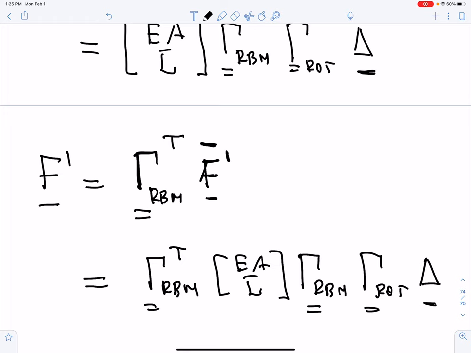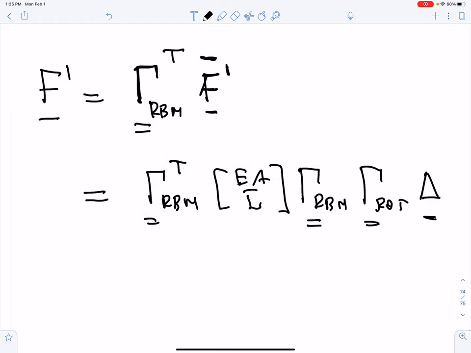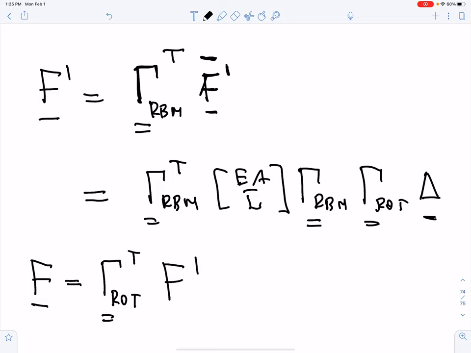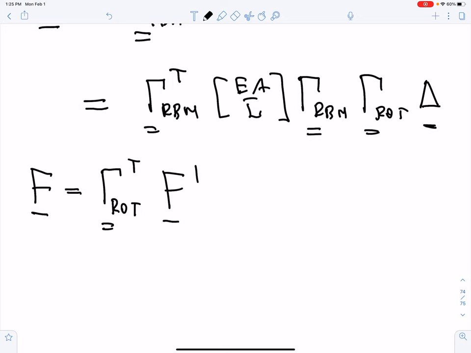Very interesting. Then finally I can write down the expression for F, the force vector in the global coordinate system, as gamma ROT transpose times F prime, from the earlier relationship that we developed.